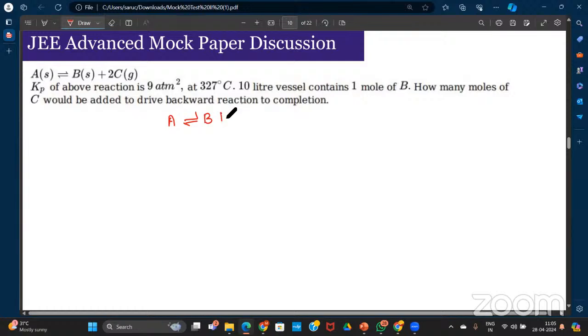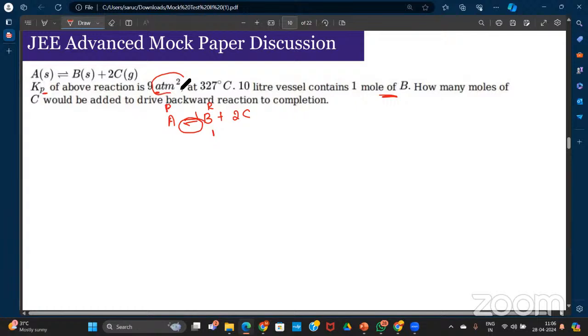Initial number of moles is given as 1. In the backward reaction, this will be your reactant and this will be your product. The number of moles is 1. They didn't give you the initial number of C. But the Kp is 9 atmosphere squared, which is a gas.